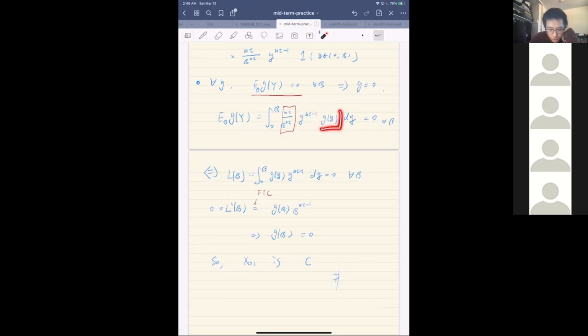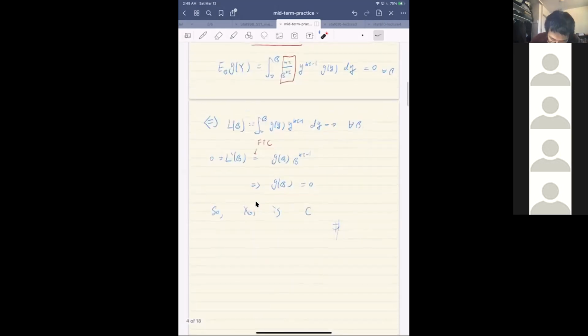So if g at some part is negative and some part is positive, the whole integral will also be 0. Yeah. Okay, you're welcome.